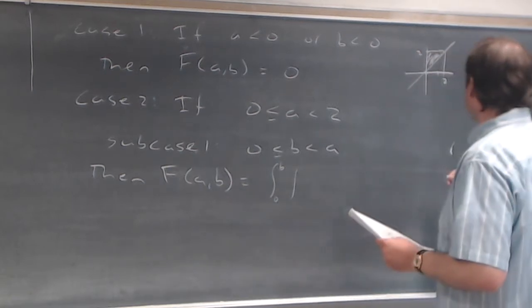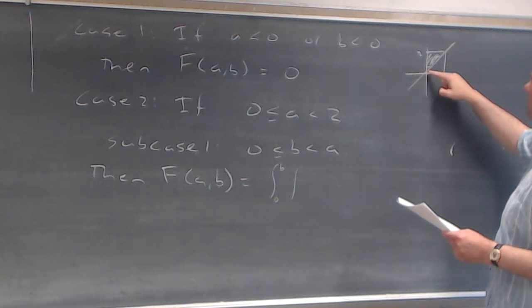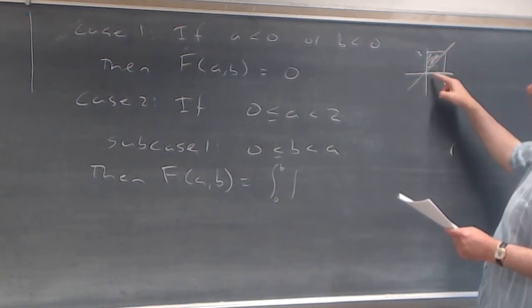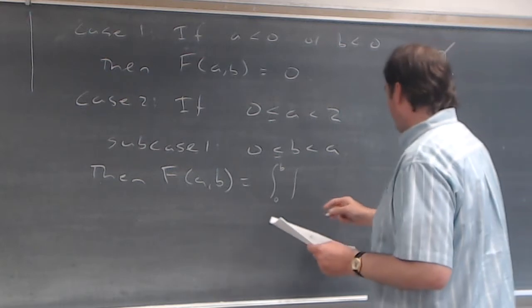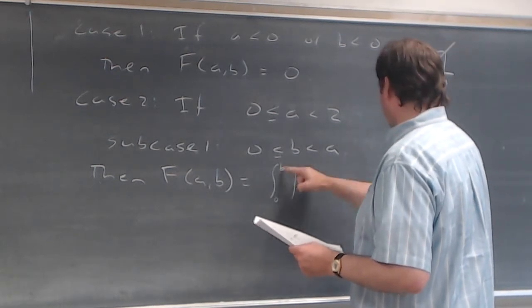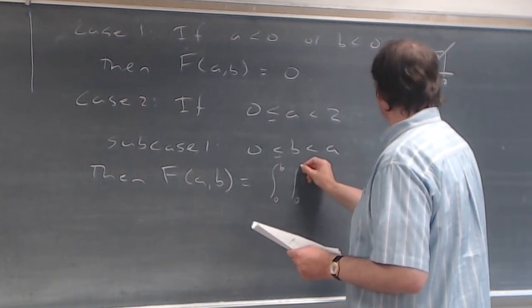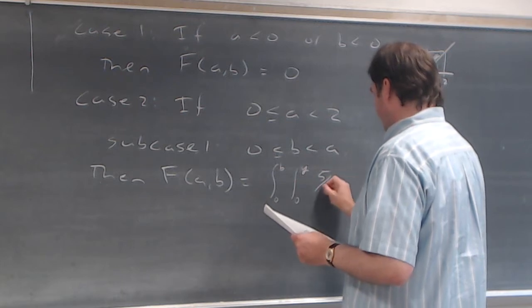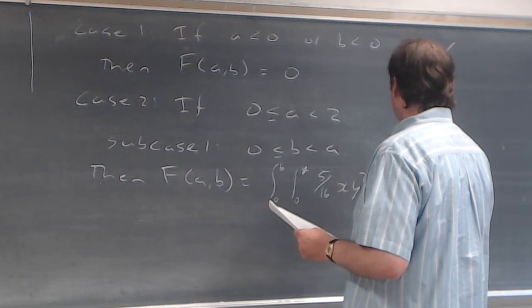It's as if I'm looking at this type of region, and I'd only have to be integrating over this spot. So the y values run from 0 to b, but the x values run from 0 to y, and then we have the PDF, 5/16 xy squared.